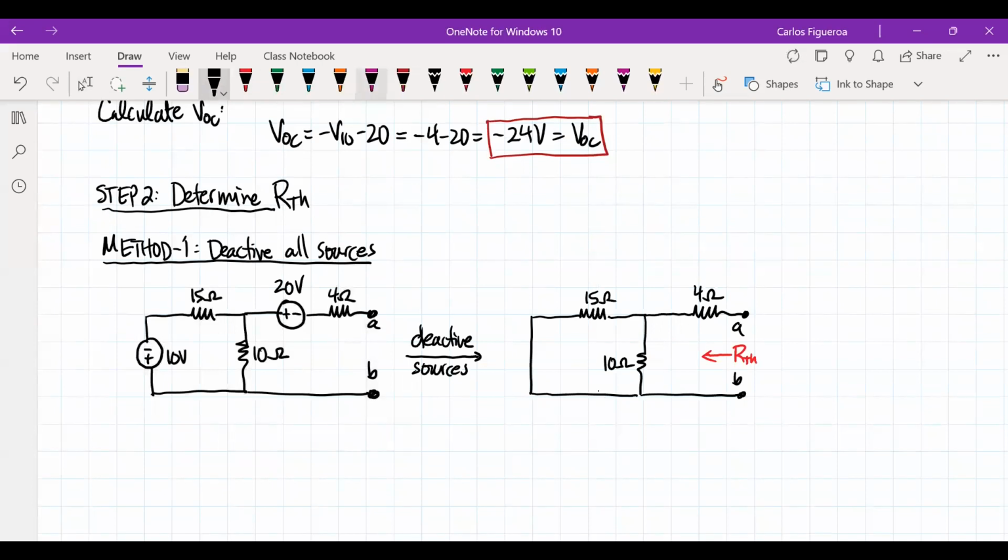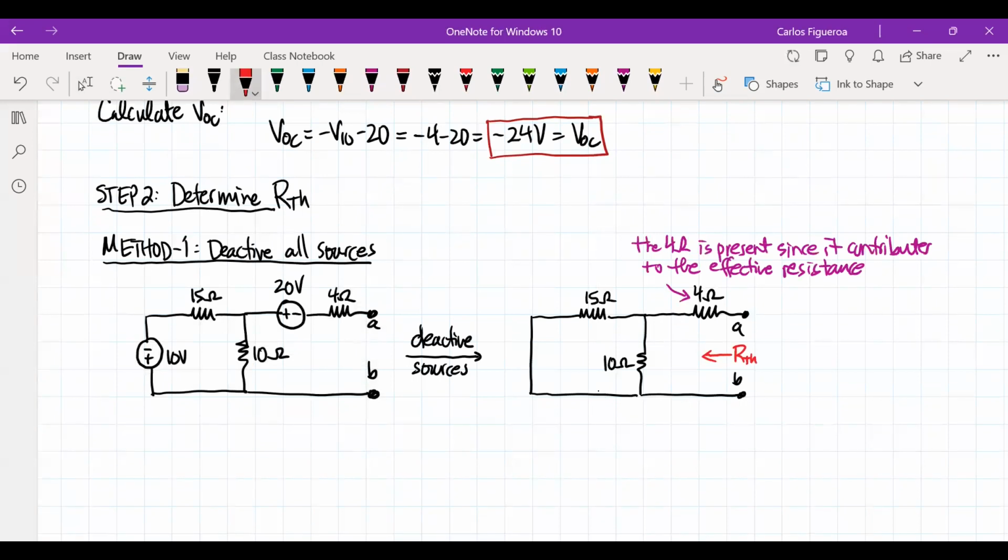So the key thing to understand here is that, look at this guy right here. The 4 ohm is present since it contributes to the effective resistance seen from the load.